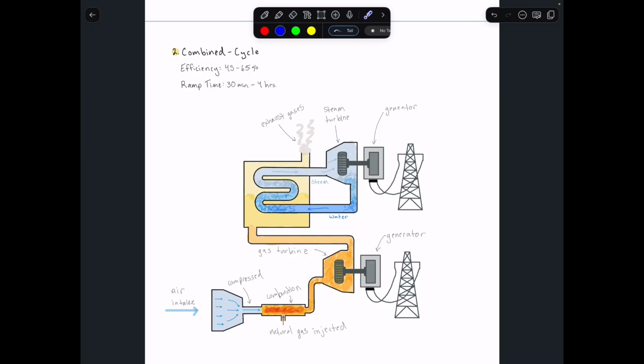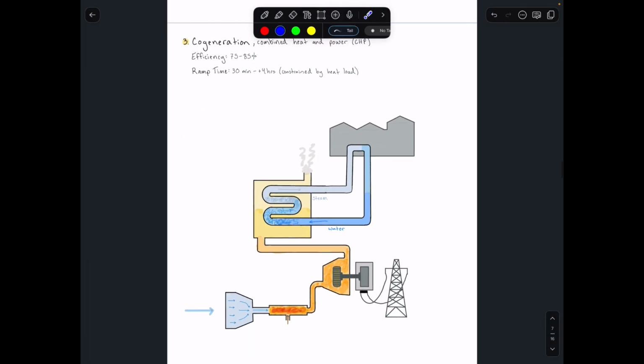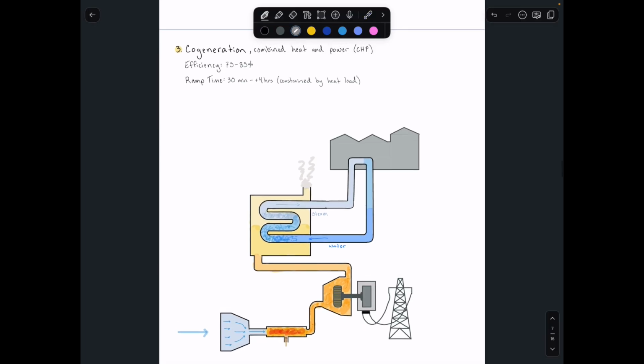Now the third type is the cogeneration plant. So if we move down here, there is the cogeneration plant. And the cogeneration plant functions very similarly to a combined cycle power plant, but instead of using those exhaust gases to heat water, to turn it into steam, to spin a turbine, this heated water is instead used for some industrial process.